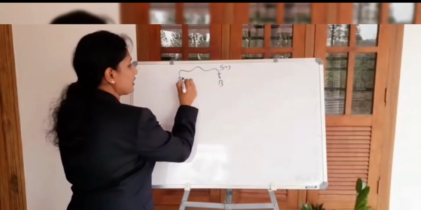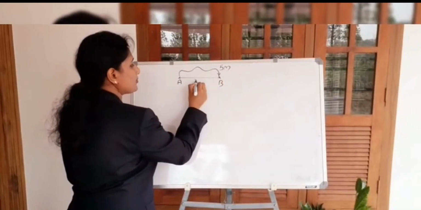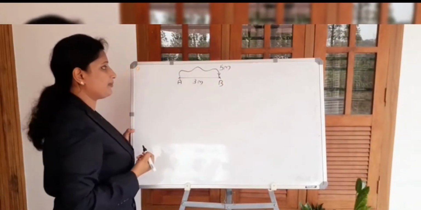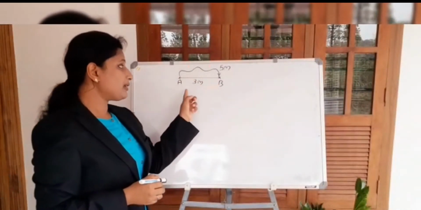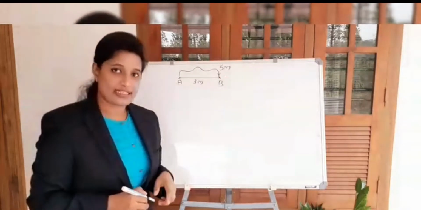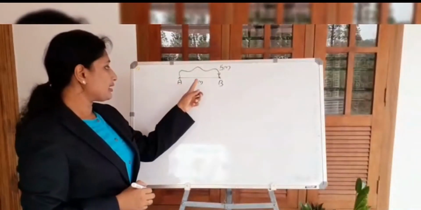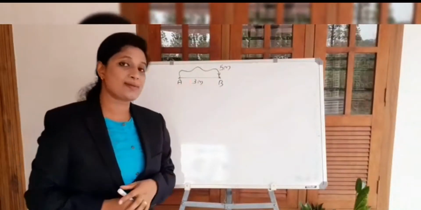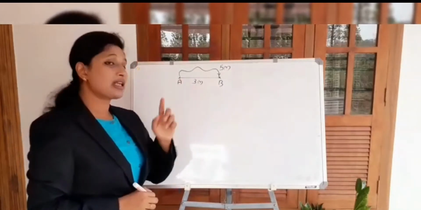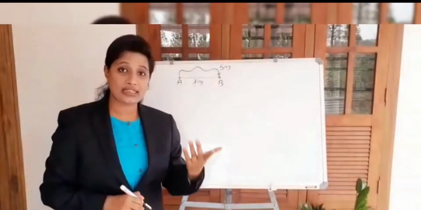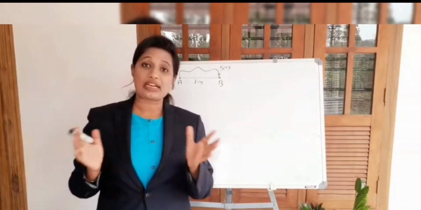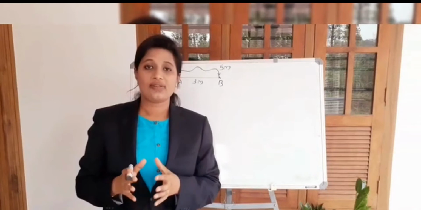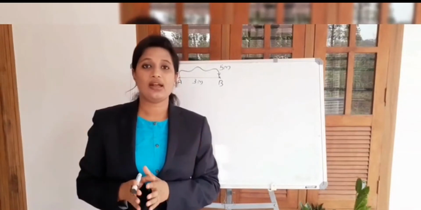The straight line distance between A and B is 3 meters. Here, the distance traveled by the person is 5 meters, and the displacement between A and B is 3 meters. In other words, displacement can be defined as the straight line path or the shortest distance between the 2 points.